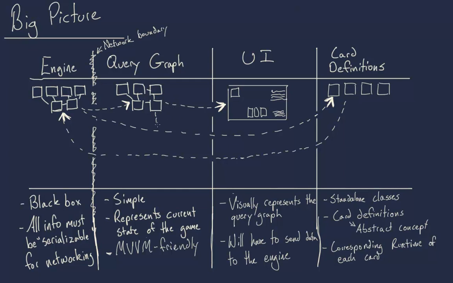Whenever an ally enters the battlefield under your control, stuff happens, right? Well, the cards are going to have to know how many allies, for example, on Ondu Cleric. Whenever Ondu Cleric or another ally enters the battlefield under your control, you may gain life equal to how many allies you control. In that case, the Ondu Cleric card definition is going to have to query the game to see how many allies you control right now, and then send a command saying, have the player gain this much life. So the card definitions are going to need access to the query graph.